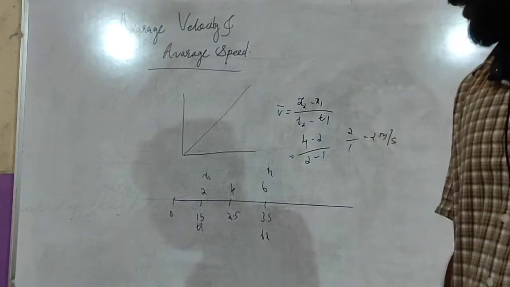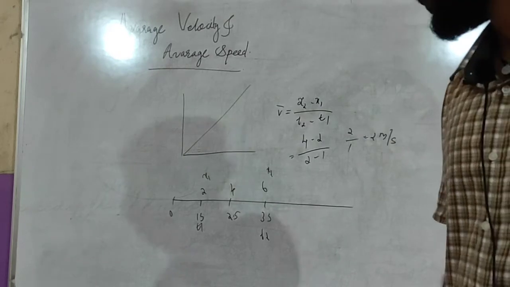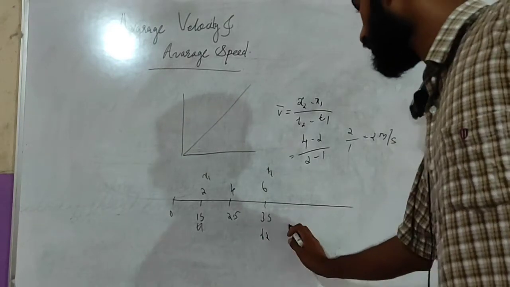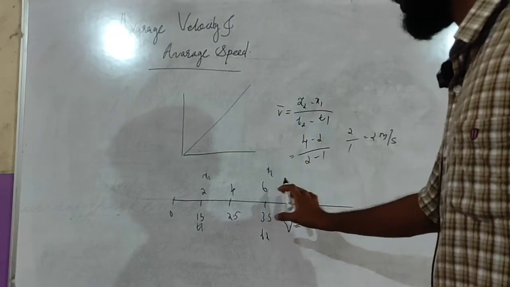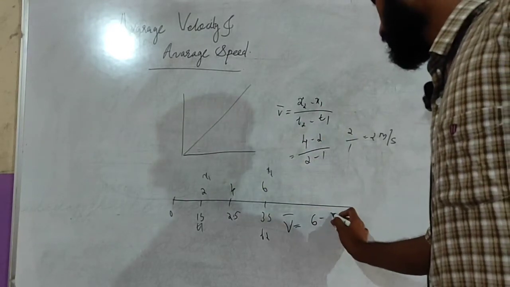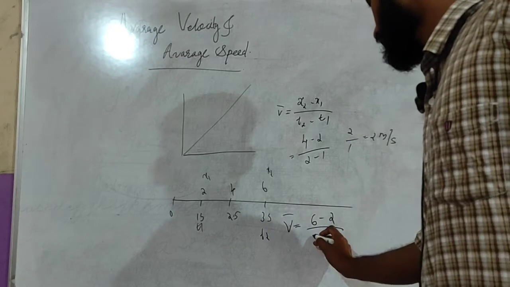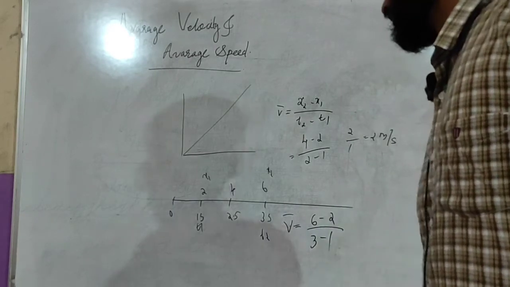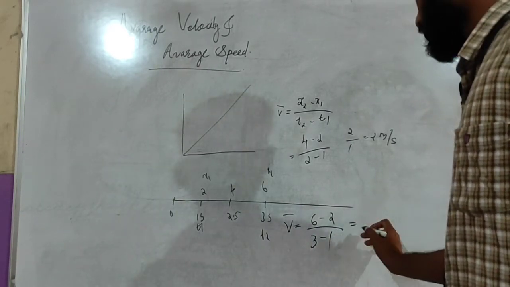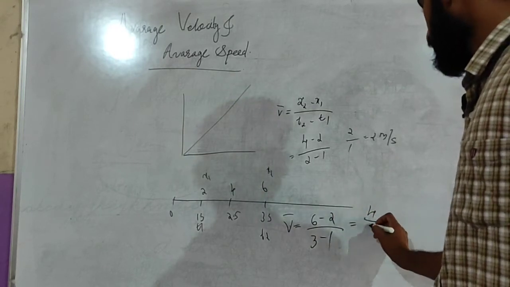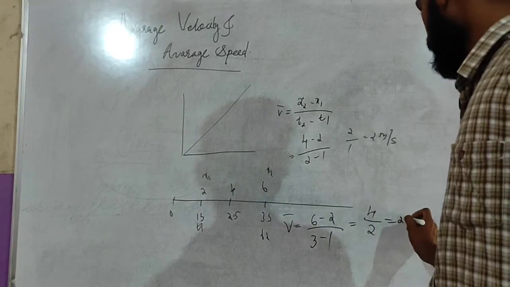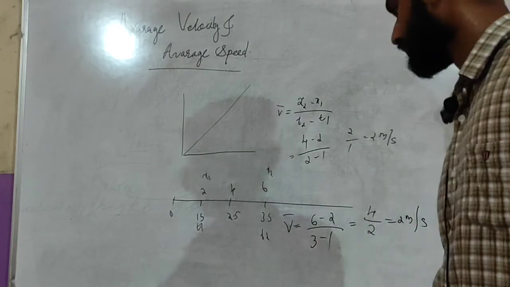Where V bar is equal to x2 minus x1 divided by t2 minus t1, that is 6 minus 2 divided by 3 minus 1, which is 4 divided by 2, equal to 2 meter per second.